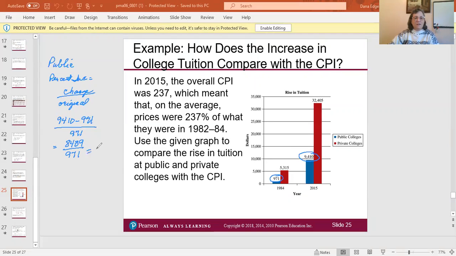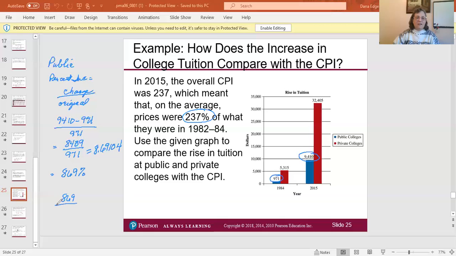This gives me an actual answer of 8.6104, which as a percent would be 869% if I just round it to ones places. So you compare this to the 237, and you want to know how many times more that is.